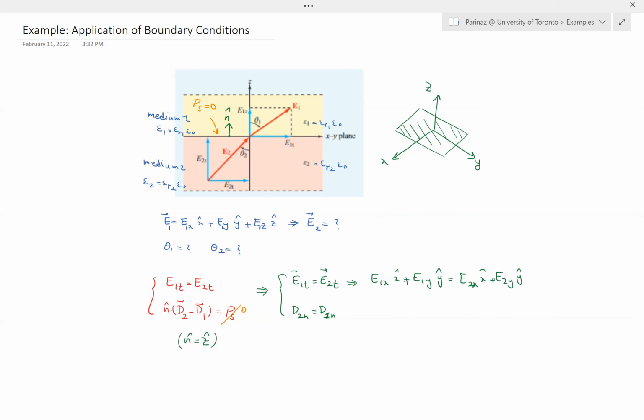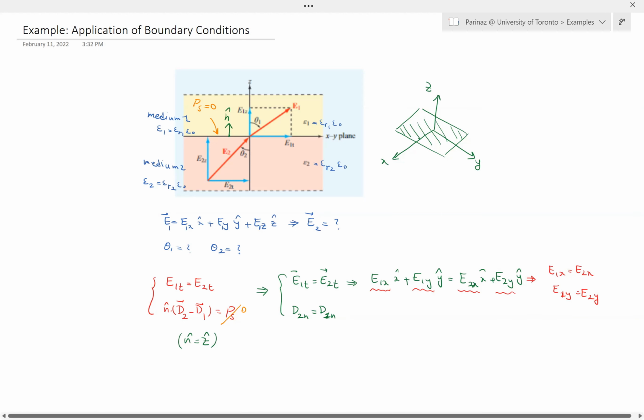Now you have two vectors that must be equal, and that means the component in the x hat direction and the component in the y hat direction must be equal exactly. E1X must be equal to E2X, and E1Y must be equal to E2Y.